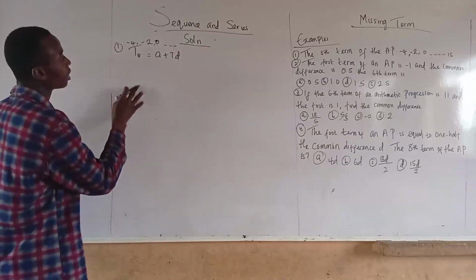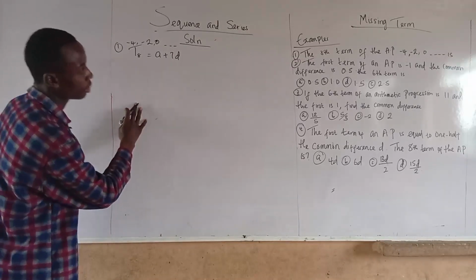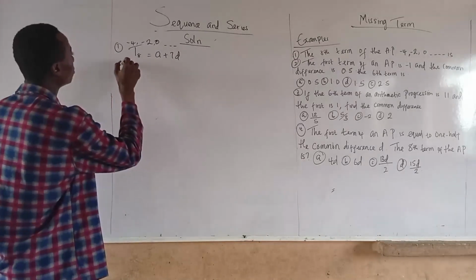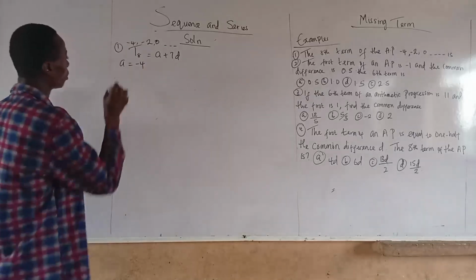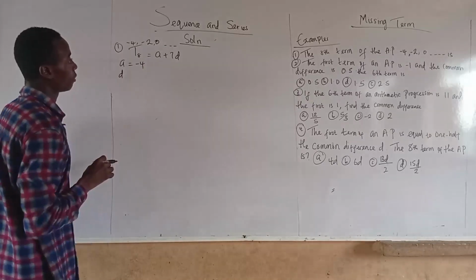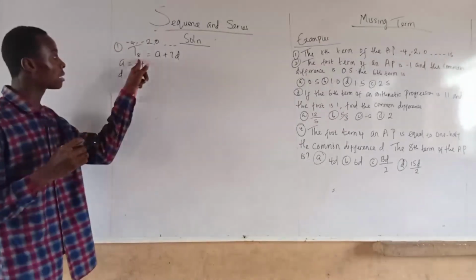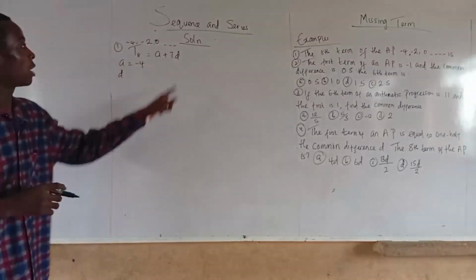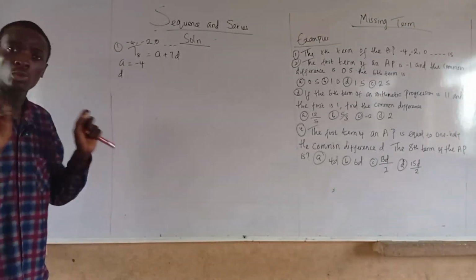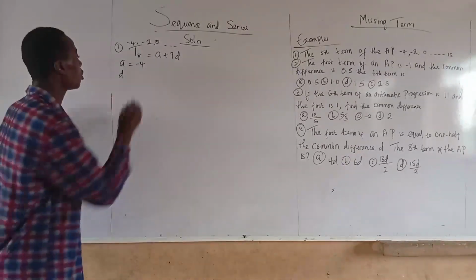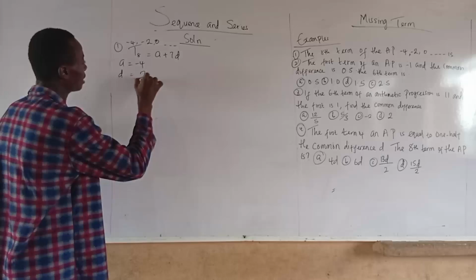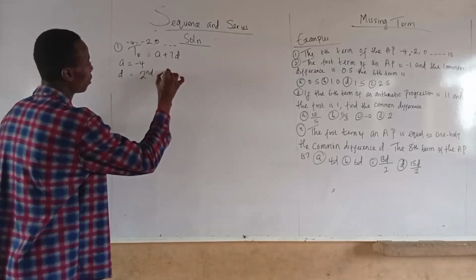So what is our first term here? Our first term A is minus 4. So what about the common difference? For you to find any missing term, you must know your first term and your common difference. Those are the two variables you need. You can get the common difference by saying second term minus first term.